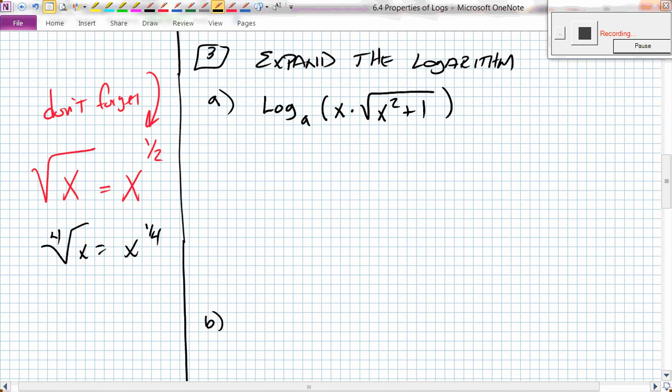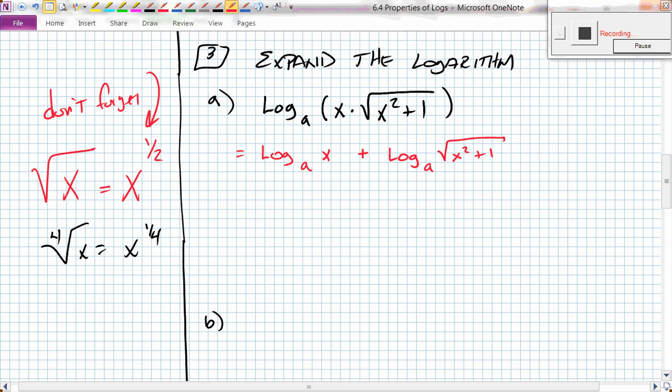Does anybody see the first thing that's happening right away if I want to expand this logarithm? Multiplication. And how do you expand multiplication? Over addition when using a logarithm, right? So here's what you get. You have log base a of x plus log base a of the square root of x squared plus 1.